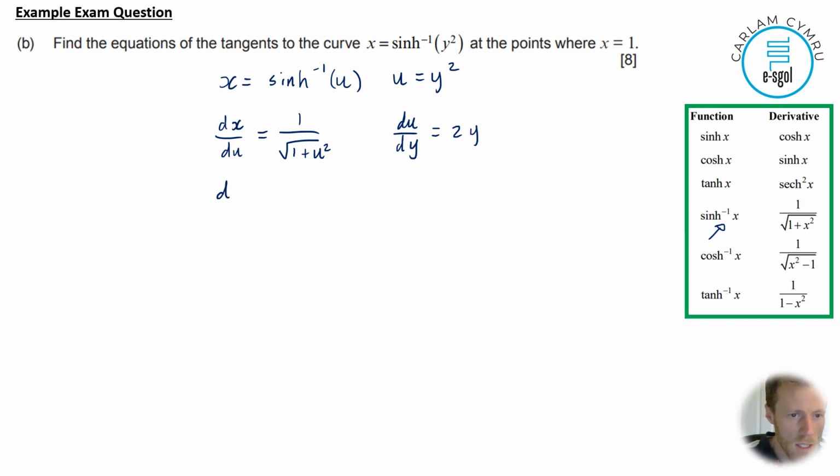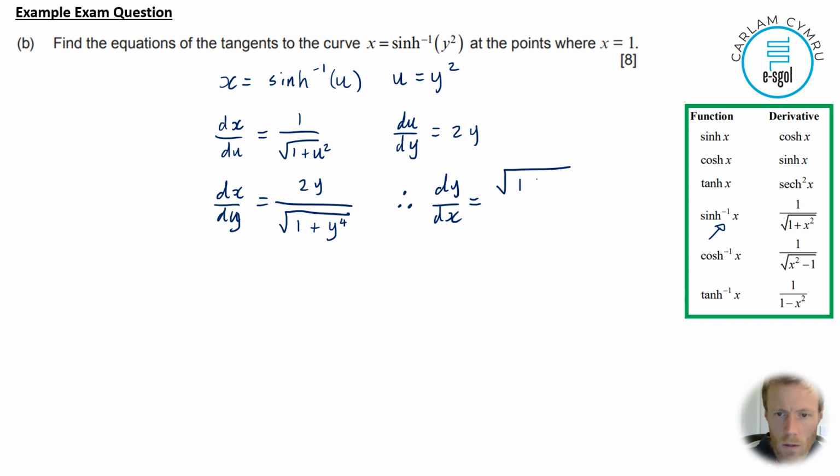So that's going to give us dx over dy equals 2y over the square root of 1 plus, now because u was actually y squared, if I'm doing u squared, that's actually y to the power of 4. So that's our dx over dy, but we want the gradient, so I want dy over dx. So it's just the reciprocal of what I've just written, the square root of 1 plus y to the power of 4 over 2y.